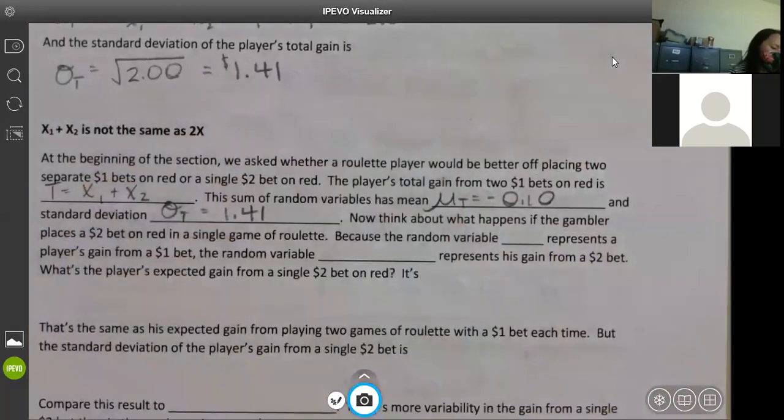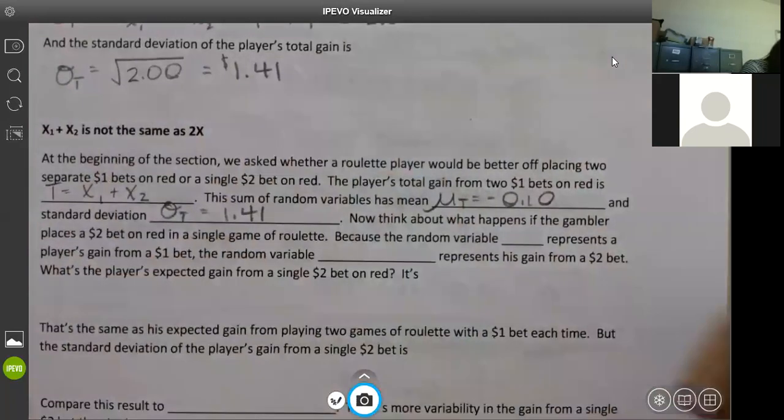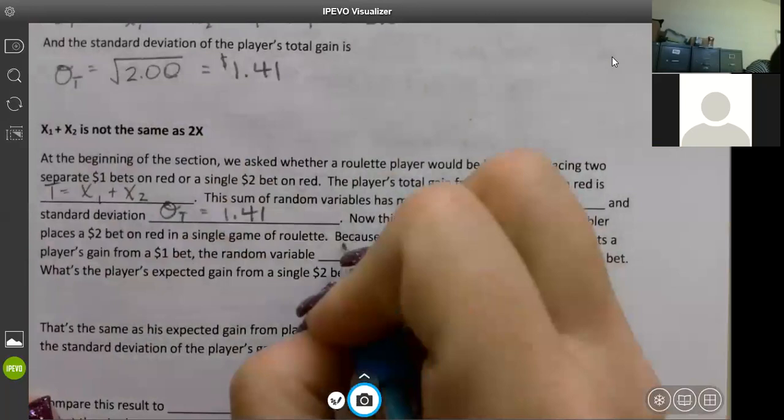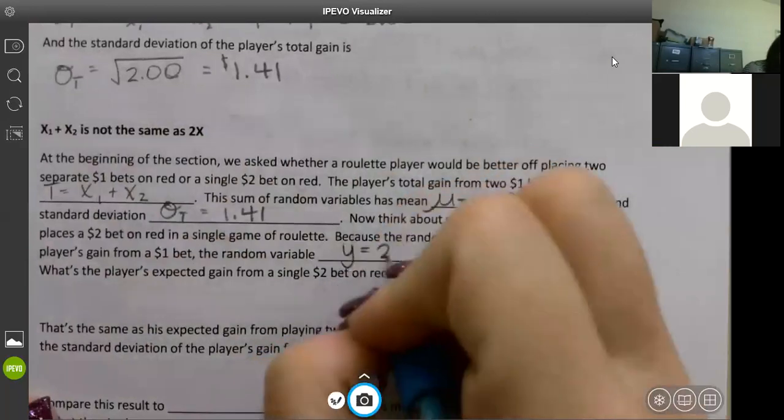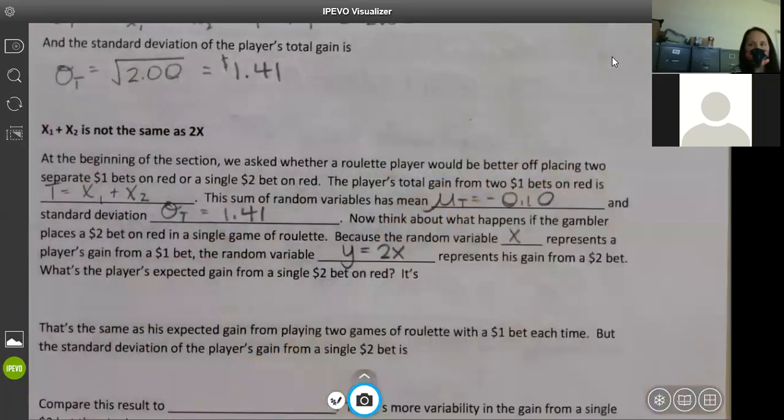Now think about what happens if the gambler places a $2 bet on red in a single game of roulette. Because the random variable X represents a player's gain from a $1 bet, the random variable Y, which would equal 2X, represents his gain from a $2 bet. What's the player's expected gain from a single $2 bet on red?